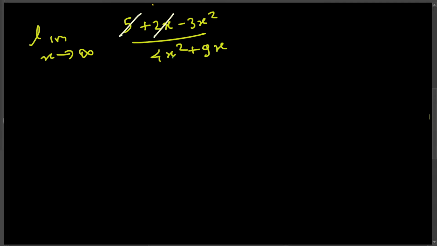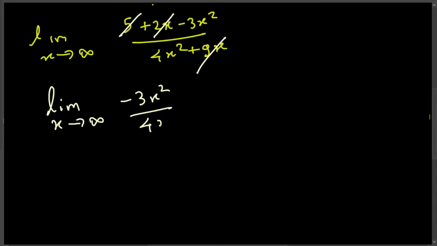In the denominator we have 4x squared. x squared is the highest power, so we can remove this 9x. If we do that, we end up with limit x approaches infinity, negative 3x squared divided by 4x squared. Now here we can cancel the x squared, that's equal to negative 3 over 4, and that's our final answer.